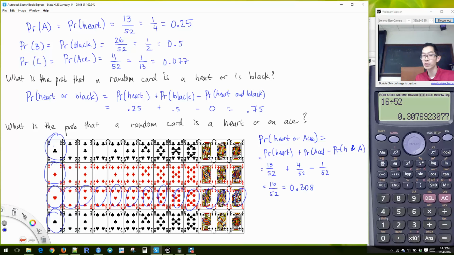We have a total of 16 cards out of 52 that are hearts or aces. And we can see that if I were to simply add 13 and 4, I would be double counting this ace of hearts. And so that's why I need to subtract off the overlap.